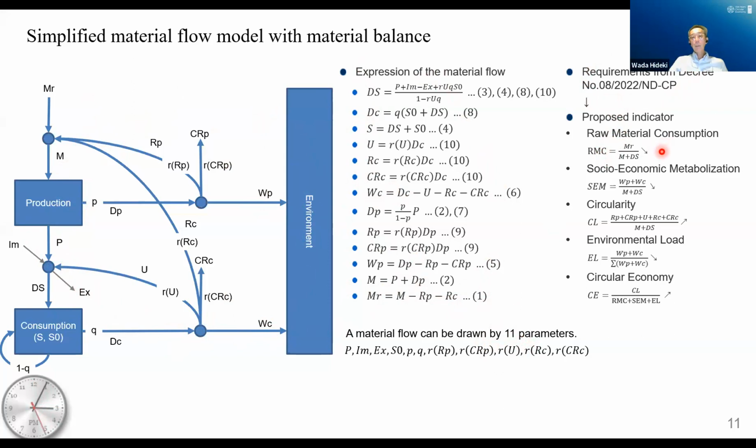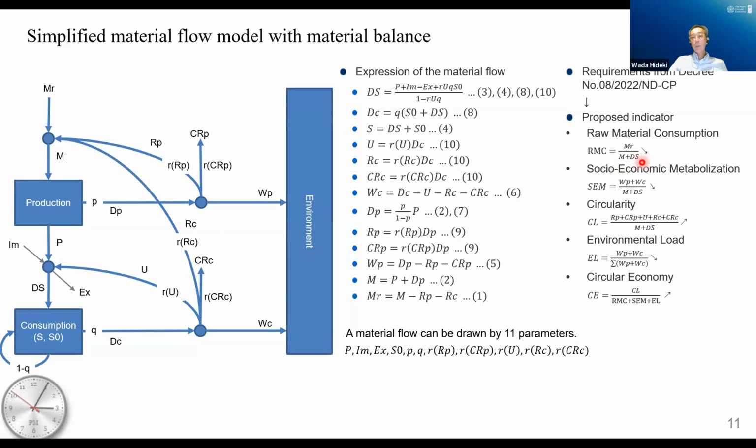One is raw material consumption, RMC: MR divided by M plus DS. M plus DS expresses the total material input to Vietnam. Of course, there is some duplication of material weight between M and DS.